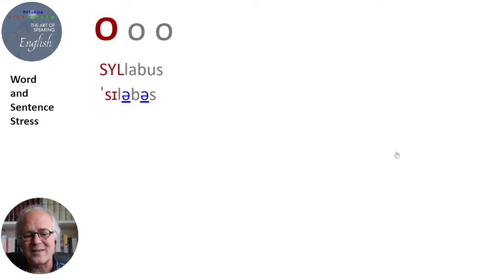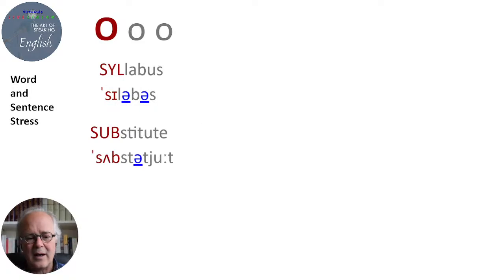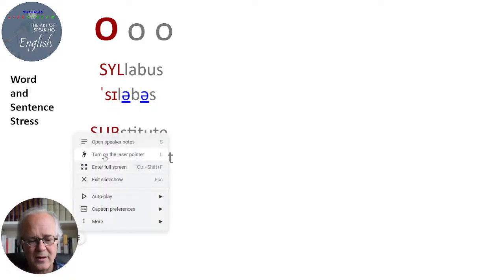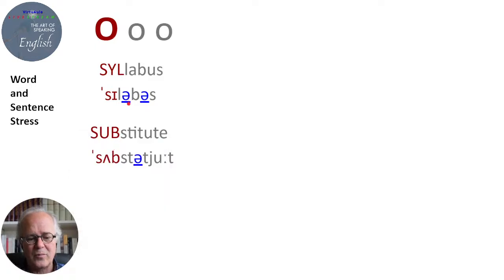Okay, let's look at this group again. In the previous slide, we had some three-syllable words like the word syllabus. Now I want to represent this word, let me just show you here.